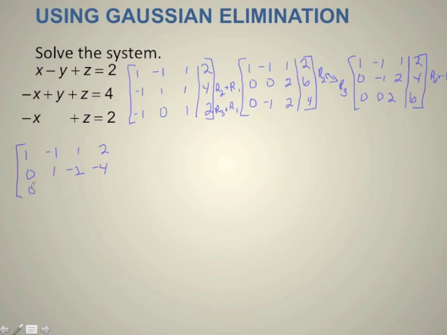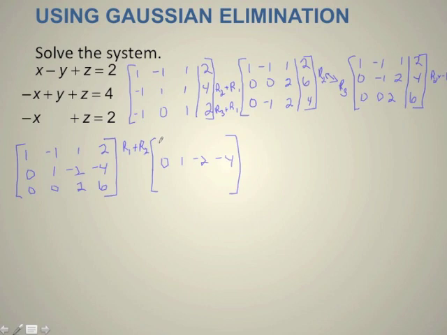And then the bottom row will be 0, 0, 2, and 6. Now I need to use the row 2 to get a 0 in row 1. I've already got the 0 in row 3. So I'm going to take row 1 plus row 2. Row 2 is going to stay the same.